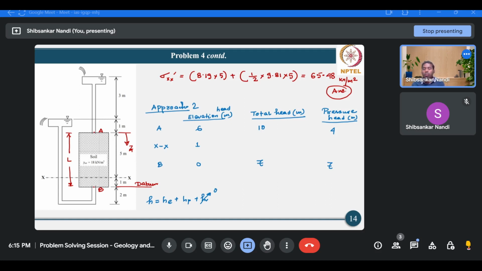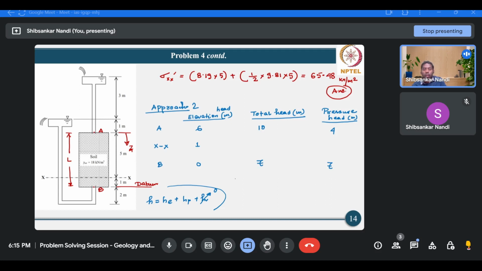Now what is the total head at elevation XX? The head is basically reducing. The head is reduced from a value of 10 at the top of the soil sample to a value of 7 meter at the bottom of the soil sample.